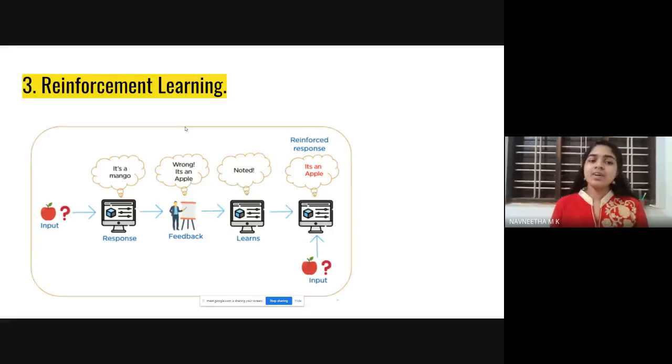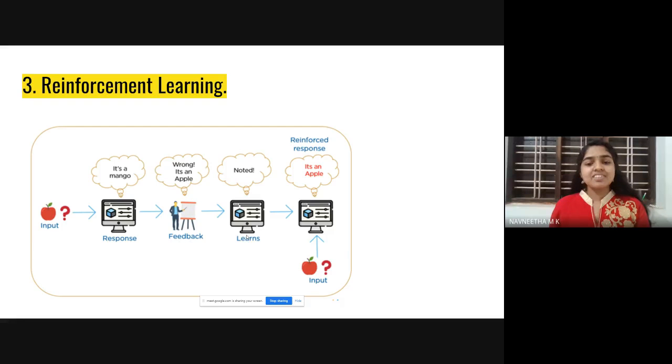In reinforcement learning, we have input data. Here we take the input data as an apple. So we feed this input data into the system. The system does not know which kind of data it is. So the system tells us that it is a mango, isn't it? But as human beings, we know that it is wrong. It is not a mango, it is an apple. So we train the system through feedback. Through feedback, we tell the system that it is wrong. It is an apple, not a mango.